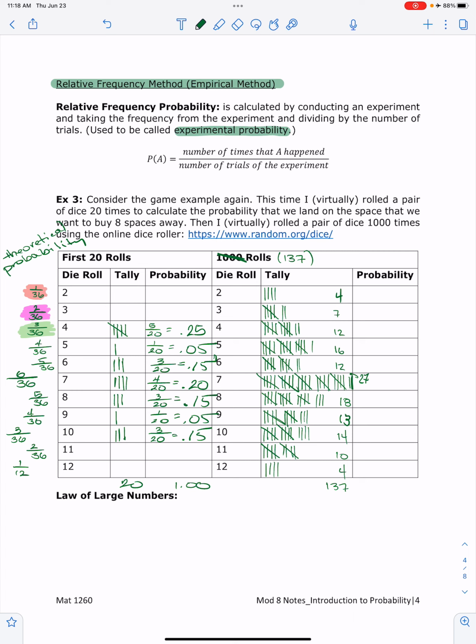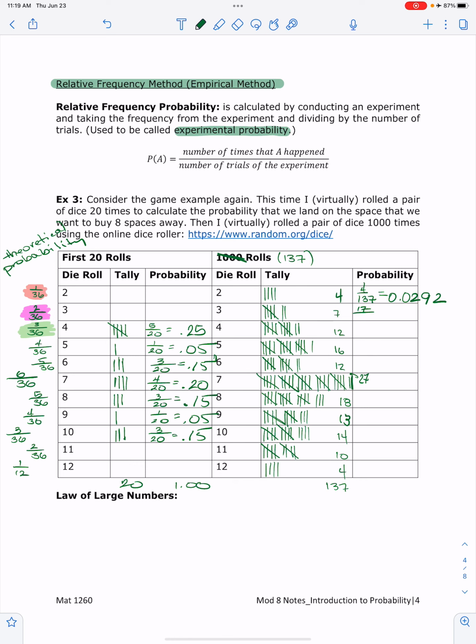So I petered out at about 137 here, but you can take a look at the shape and notice that it follows the trend for our theoretical probabilities a little bit better. 7 happens more than anything else, then 8, then 9, and 10-ish, a little bouncing back and forth. 6, not quite as many as we expected. But again, more trials, closer to what we expected to happen.